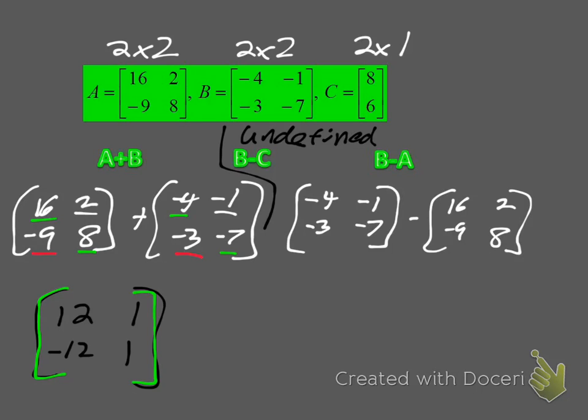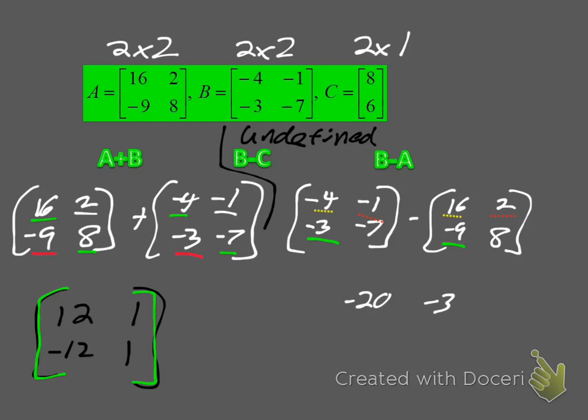And once again, go through and do corresponding parts. So negative 4 minus 16 gives you negative 20. Negative 1 minus 2 gives you negative 3. Let's do a different color.